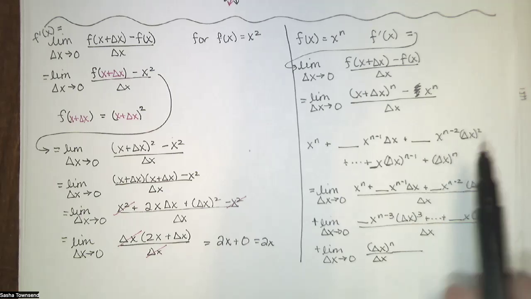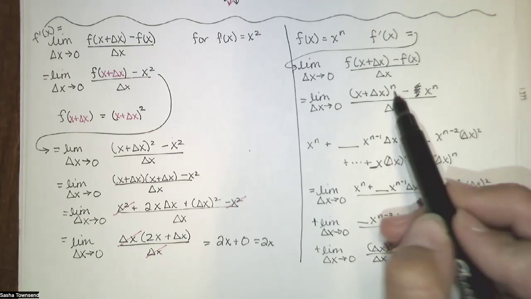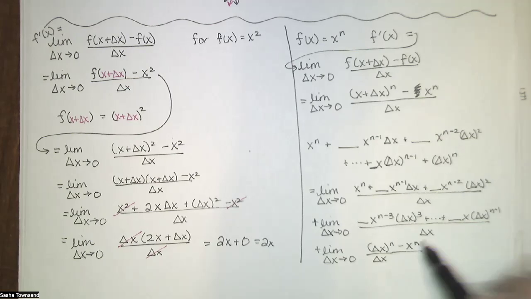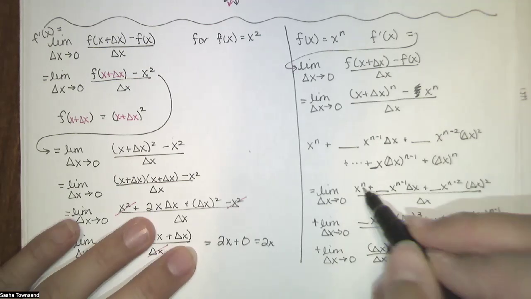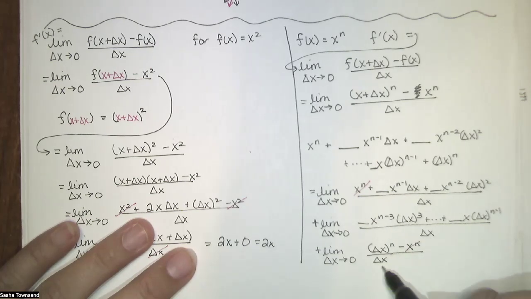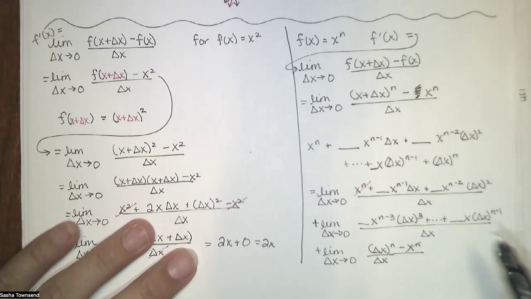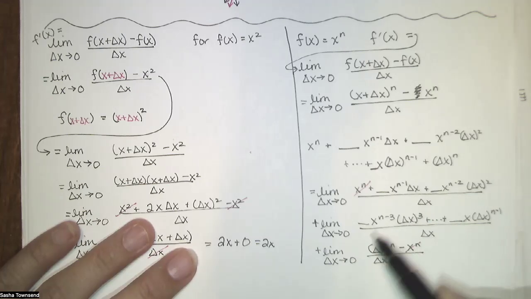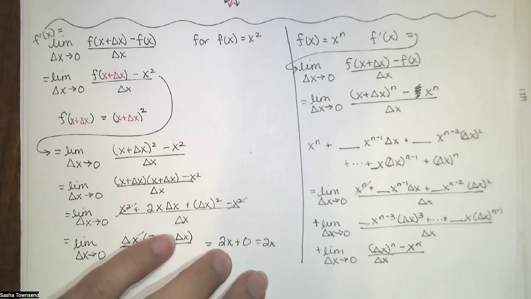That last term, that delta x to the n, is from here, and we subtract the x to the n. So I have an x to the n divided by delta x there, minus x to the n divided by delta x, so those guys reduce. Then I've got a delta x in common for all of these factors.